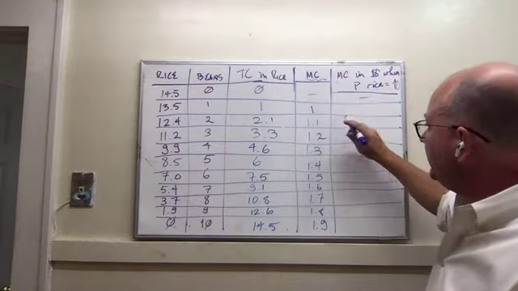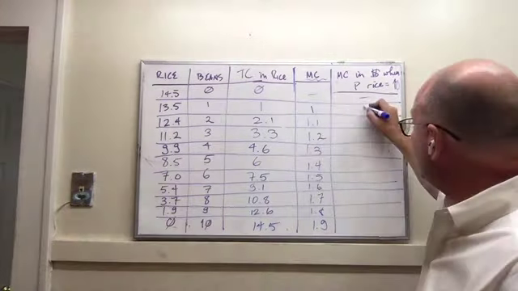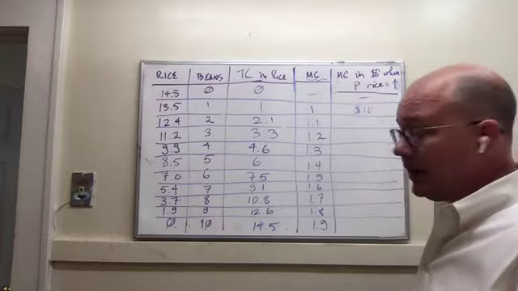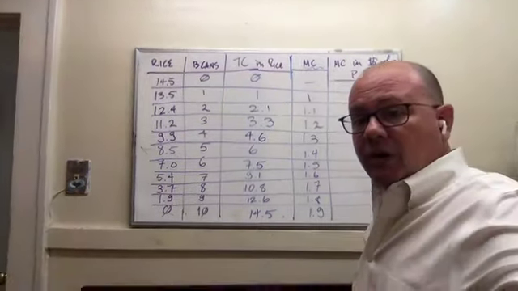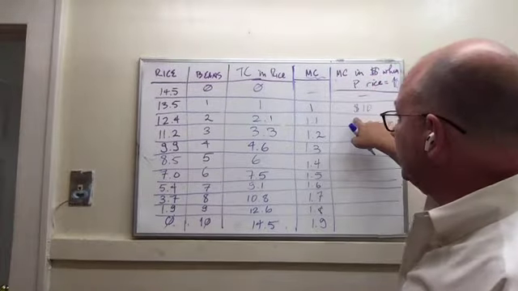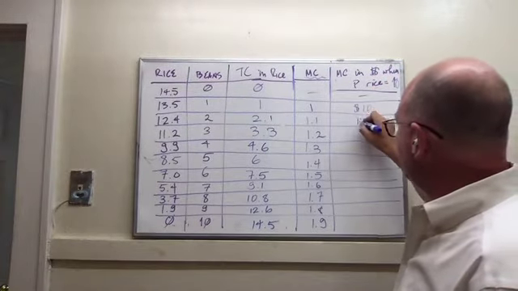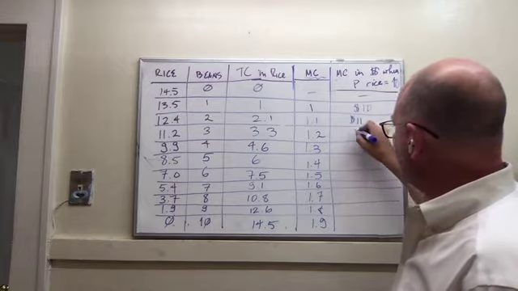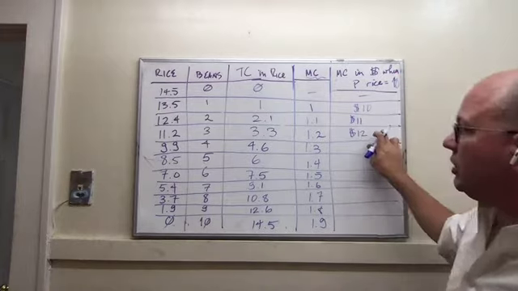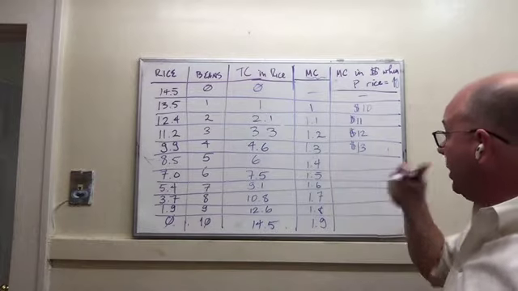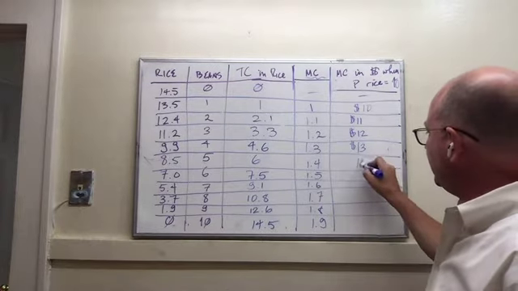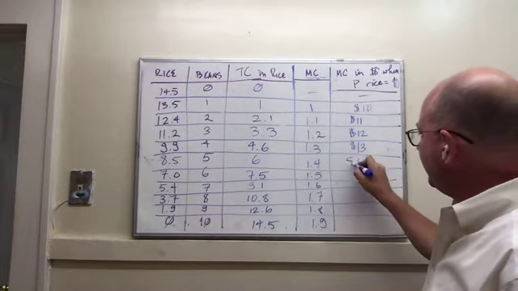When you're giving up one bushel, you are giving up one bushel of rice, which is the equivalent of $10. The second bushel here, $11, $12. You're giving up $12 to grow the third bushel of beans. You're giving up $13 in order to grow the fourth bushel of beans, and so on and so forth.